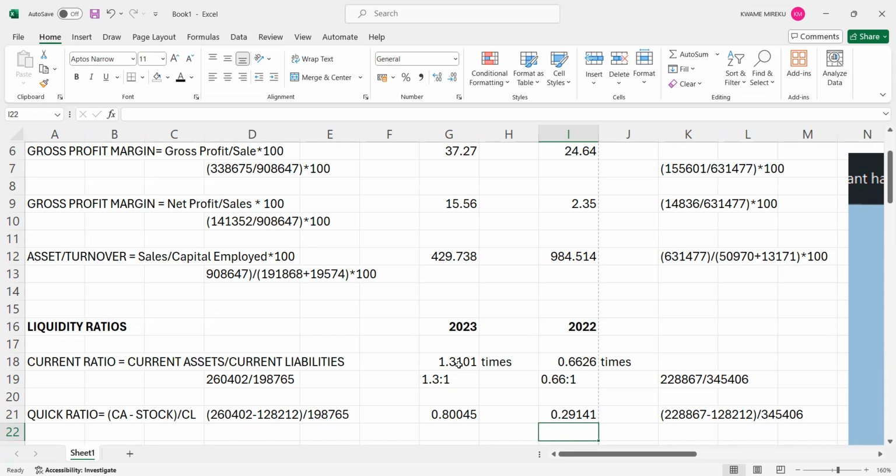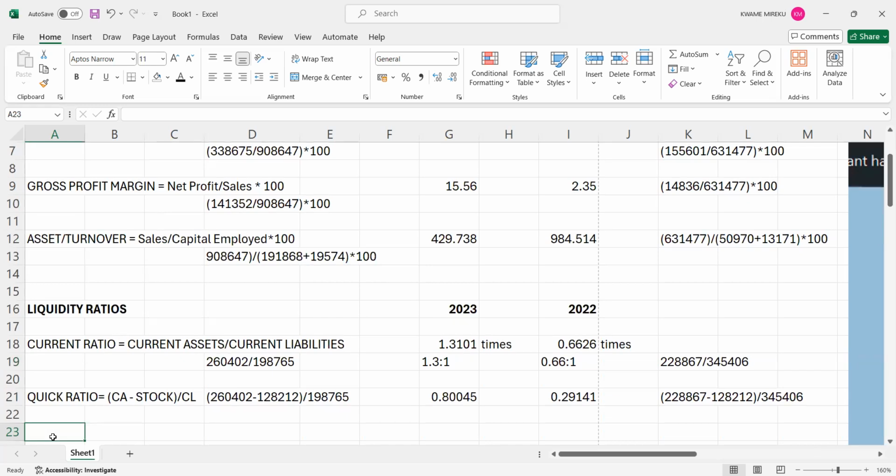I think that would be a massive improvement. But if we compare ourselves to the rule of thumb, for this ratio it's supposed to be 1.5. Obviously, we are not meeting our coverage ratio of 1.5:1 or 1.5 times, though there have been some improvements.